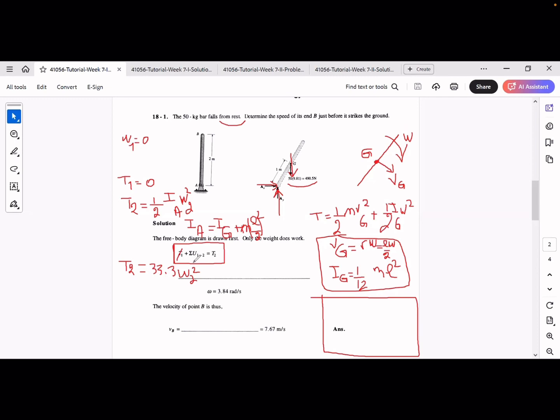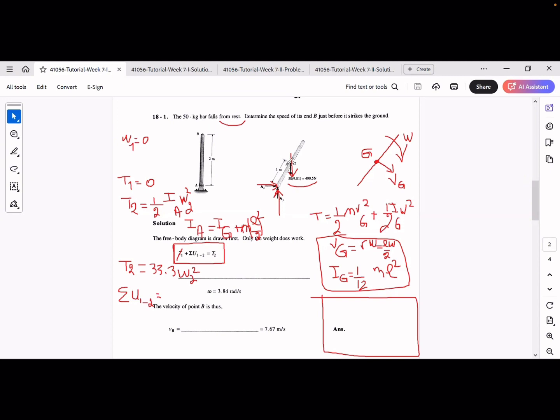Now I need to find the sum of work done from 1 to 2. What work do we have?